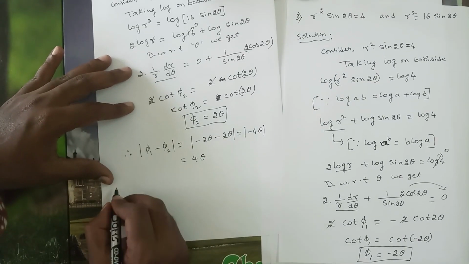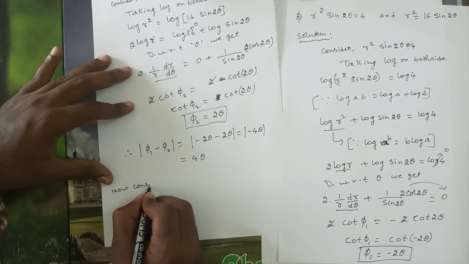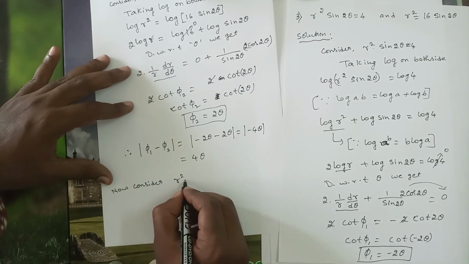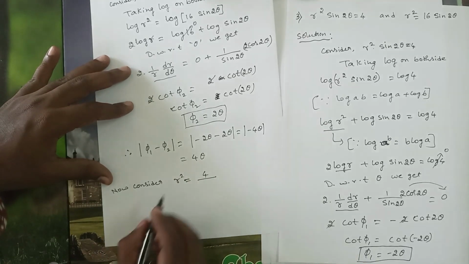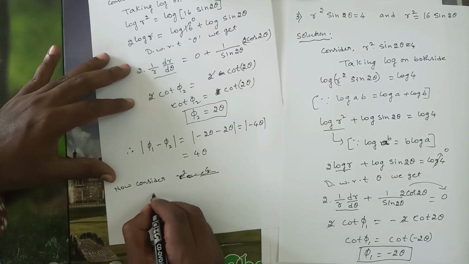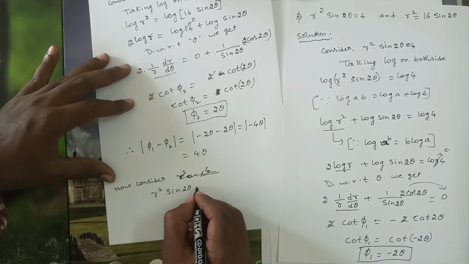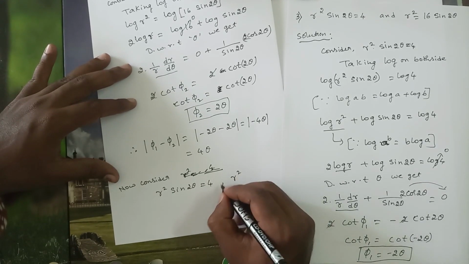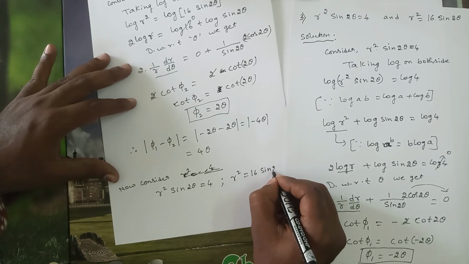Consider the two curves. What are the two curves? r square into sin 2 theta equals 4, and another one is r square equals 16 sin 2 theta.